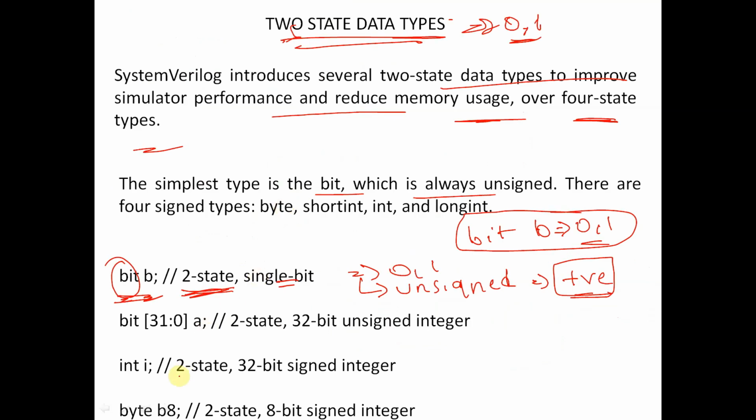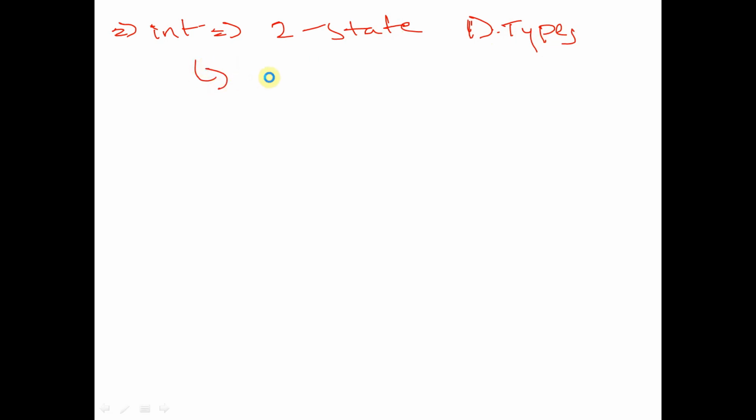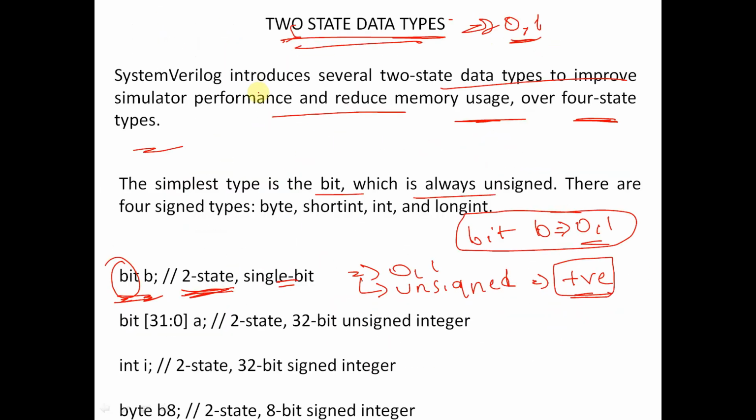So coming to the int data type. It is also a two-state data type. And the size of this int data type is 32 bits.